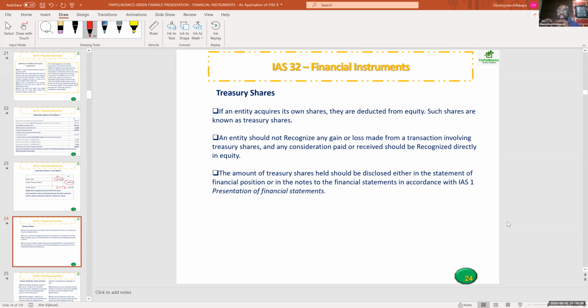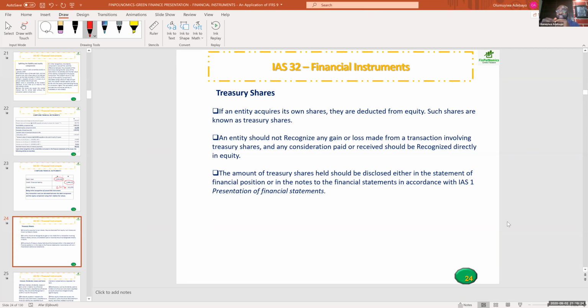In the process of buying it back, you cannot recognize gain or loss on it. Why? Because it is a transaction with owners of equity. Any excess amount paid to buy it back will be charged against your equity, your share premium, and where there's no share premium, through any other relevant reserve or retained earnings.